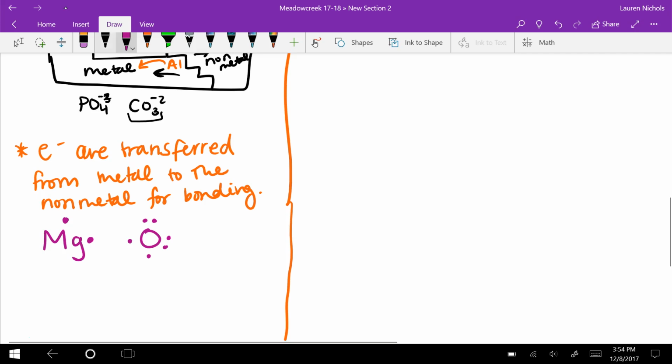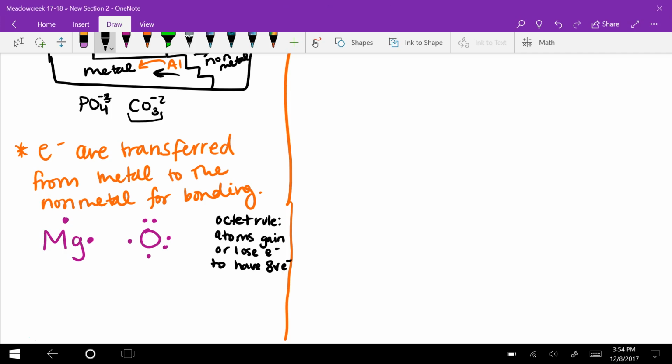The reason why this is important is because of the octet rule. Remember, atoms are going to gain or lose electrons to have 8 valence electrons available. When magnesium loses those 2 electrons, it has 8 on the shell underneath it.